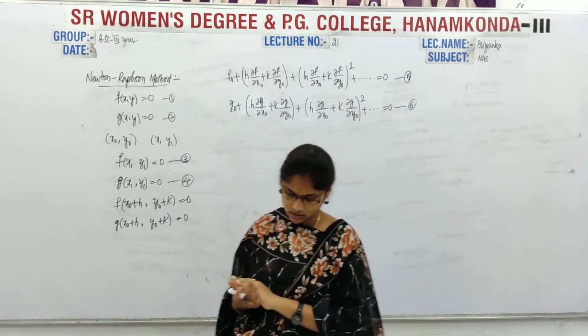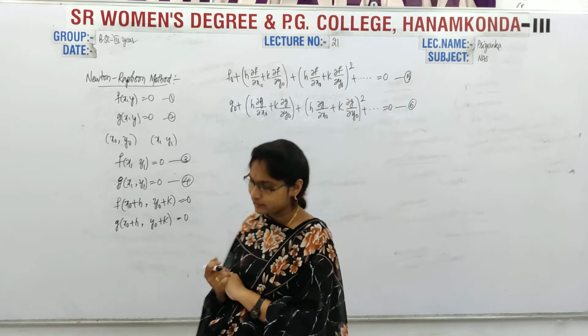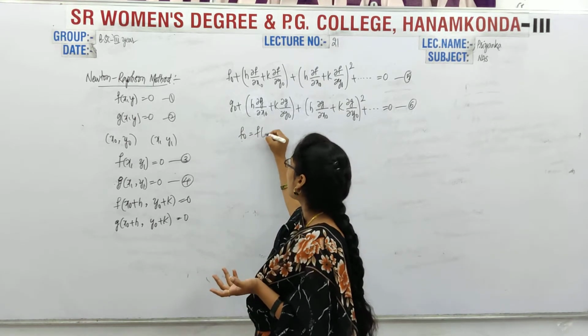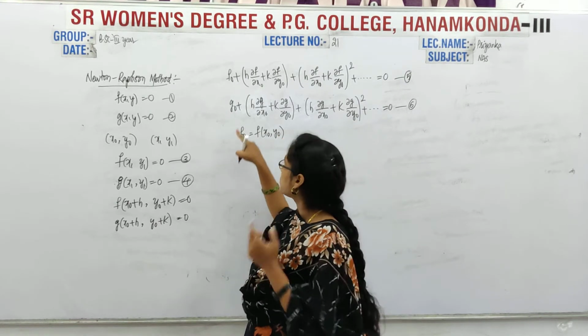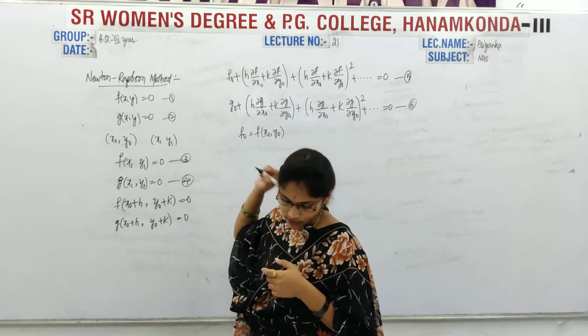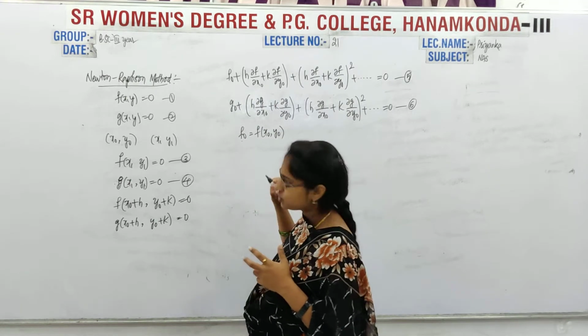Now write down, where f naught equals, what will be the value of f naught? Simple thing, that is f of x naught comma y naught. If you want to calculate the value, of course we have to calculate all these values. f naught is this one. And next what do we have to calculate? Dou f by dou x naught and so on.